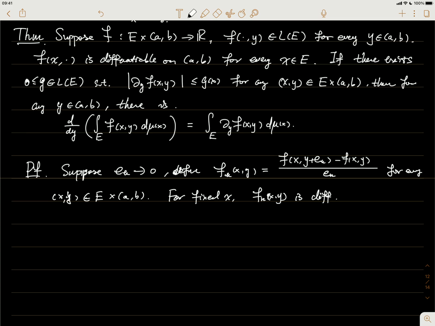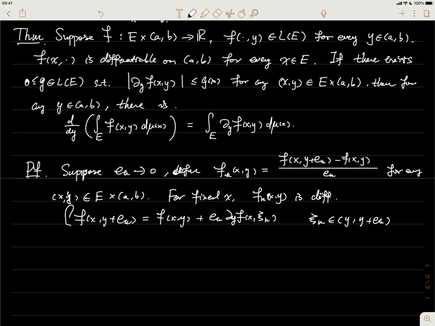This is one of the Taylor theorems you have probably already seen. For fixed x, consider this as a function of y. Then we can take a Taylor expansion of that, and it will be equal to the partial derivative with respect to y of f at (x, c_k), where c_k is between y and y + e_k.